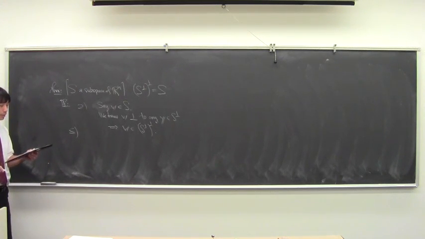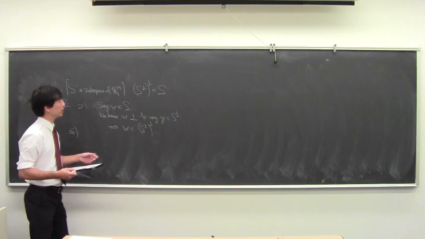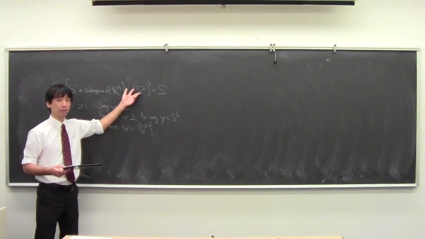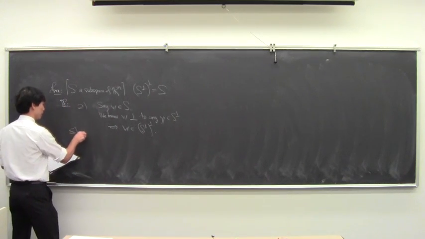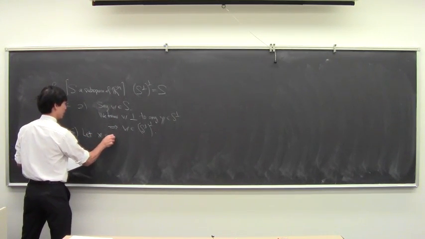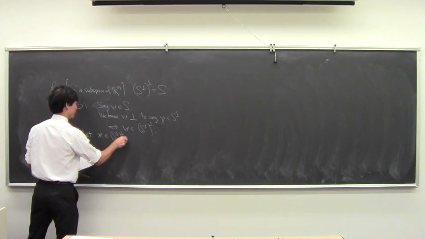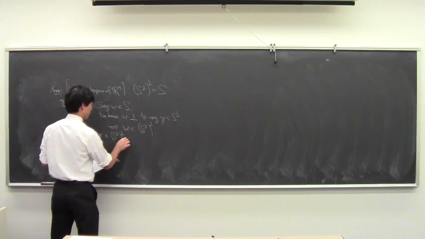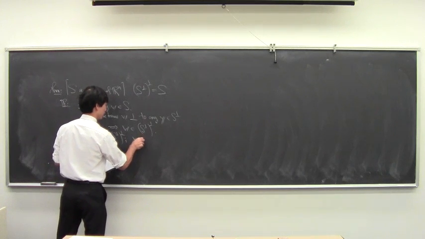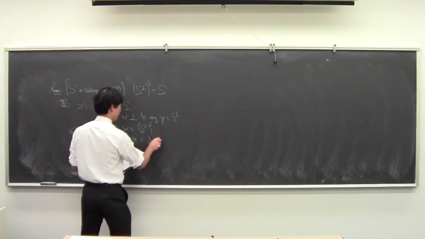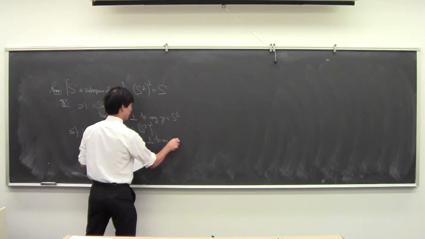The other direction: we want to show that if you're in the orthogonal complement of the orthogonal complement, then you must be in the original space itself. So let X be in the orthogonal complement of the orthogonal complement. In other words, X is orthogonal to any Y in S perp.